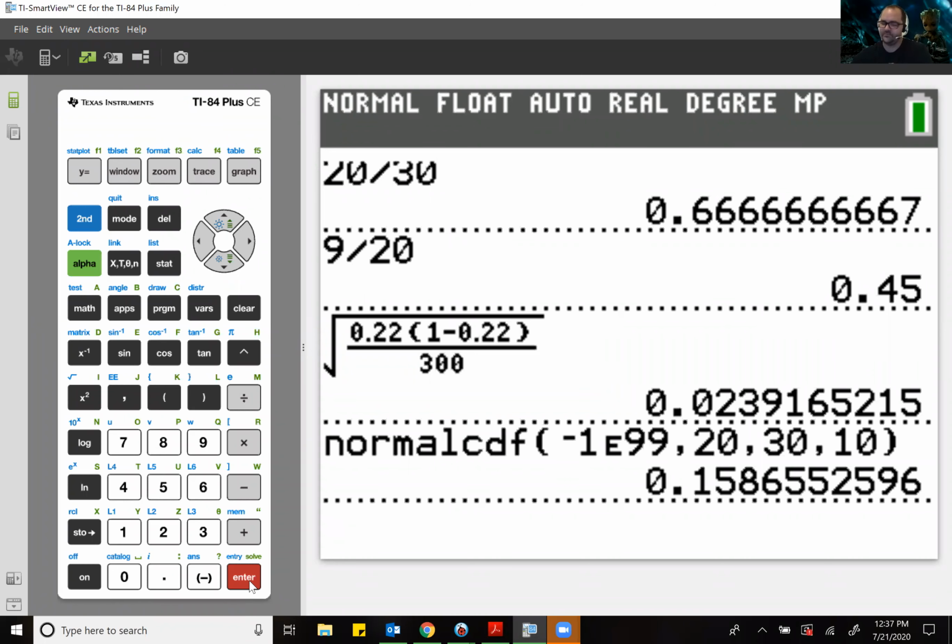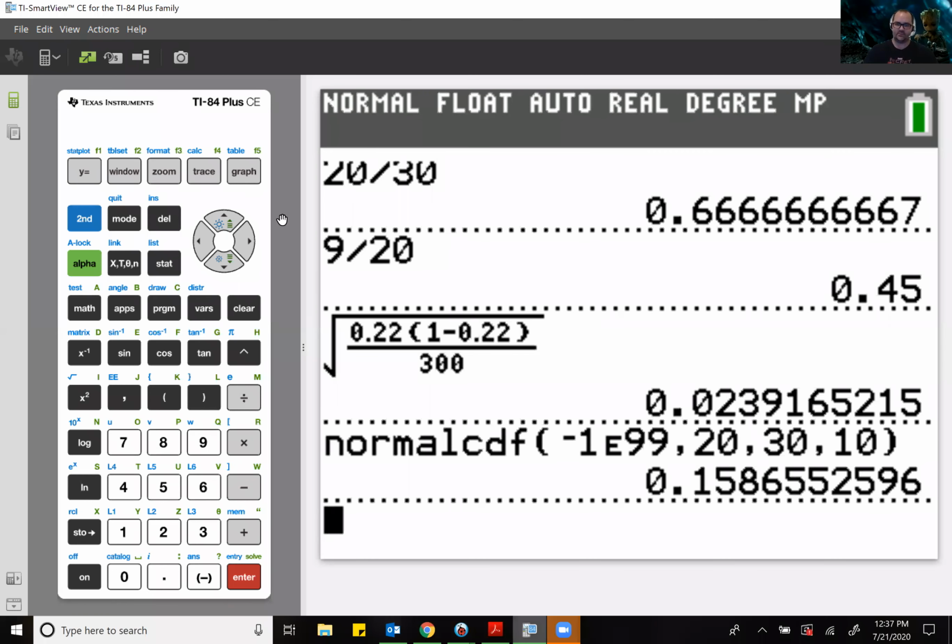So P is equal to 0.1586552596. It would be better to write it up like this. Hold on, I'll show you how I wrote it up. But again, we have to turn this into a percentage because it wants the percentage. You can see that right here.